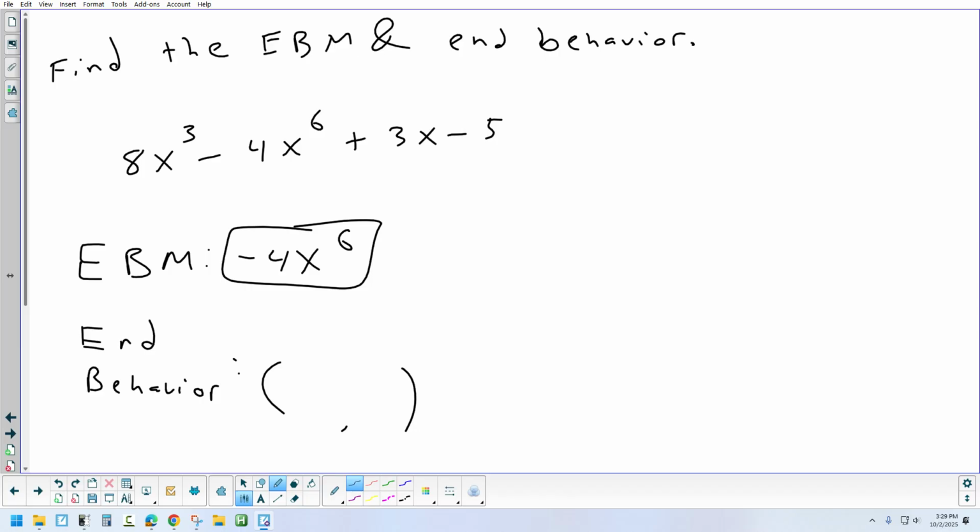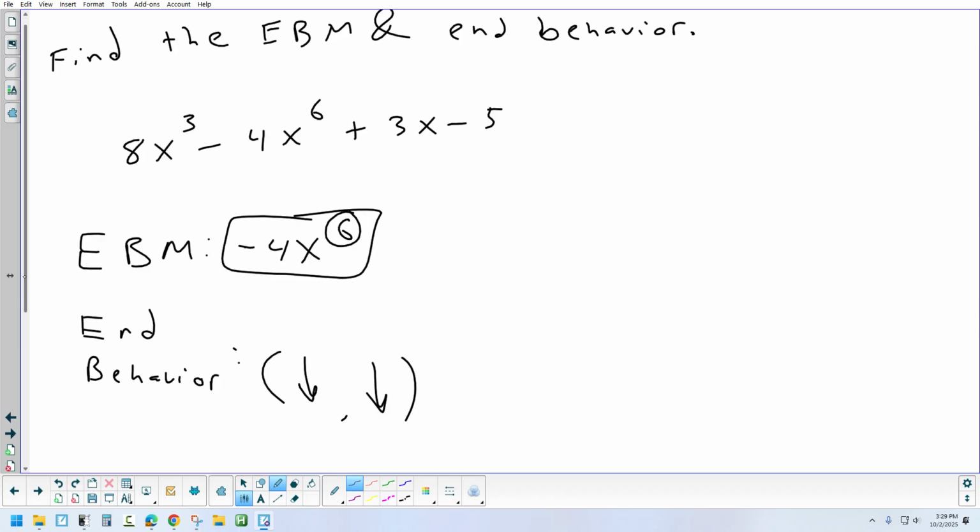Yep. Down, down. Okay. Even exponent means they're going to go the same way. Odd exponent would mean you have one of each. Okay, but this is even, so they go the same way. And if it's negative, they both go down. If it was positive, they would have both been up. Okay, this one's negative. So down and down.